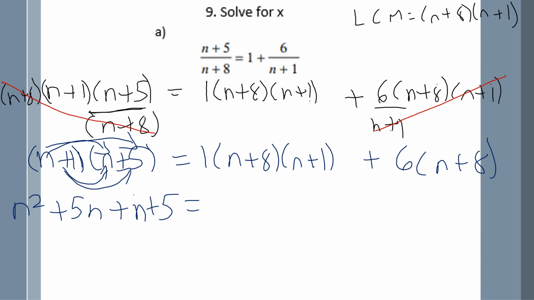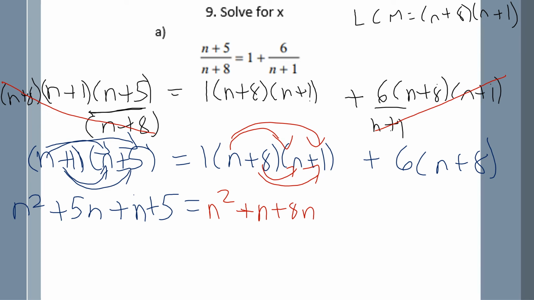So let's do it: first, outer, inner, last. So n times n is n to the power of 2. N times 1 is just plus n, or 1n. However you use it, that's fine. 8 times n is plus 8n, because that's my inner part.